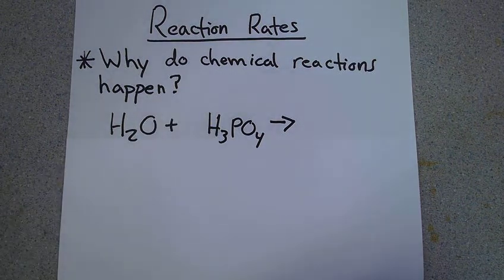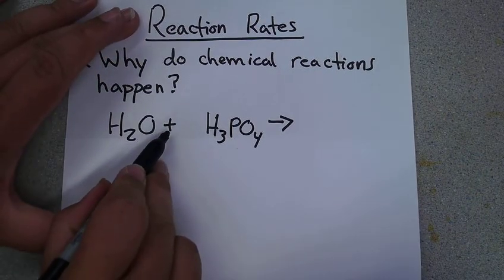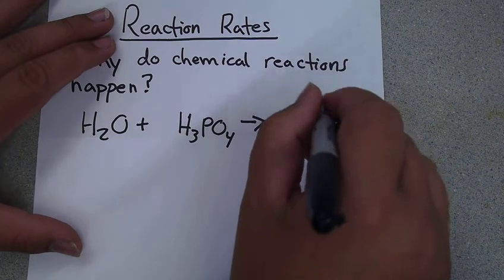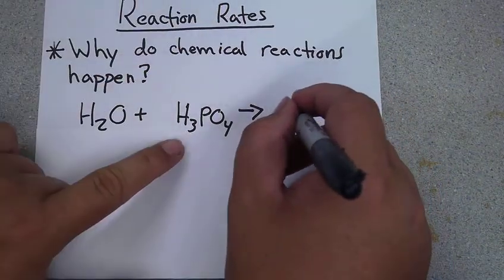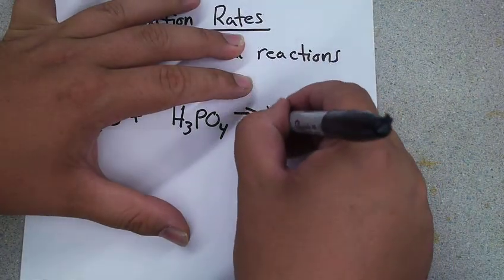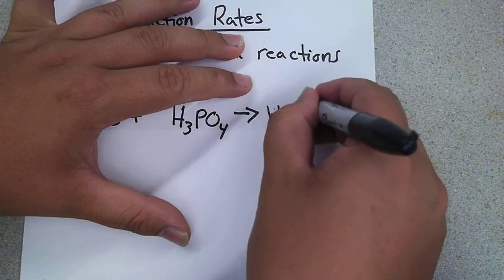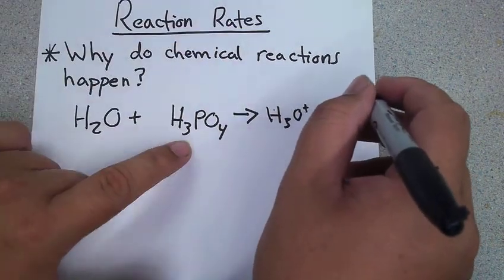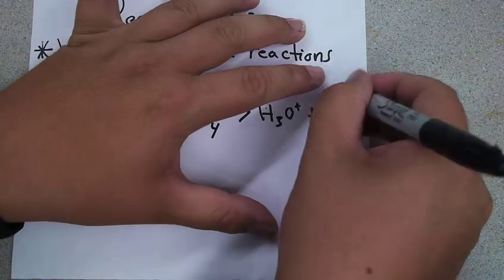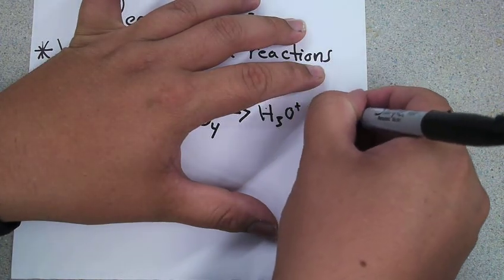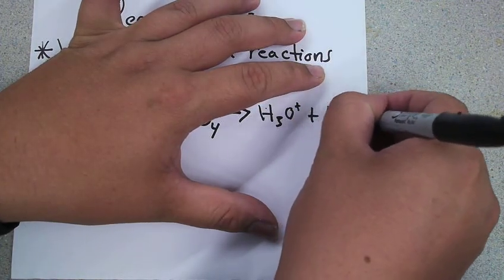I'm just going to write it as though it's going to the right only. When phosphoric acid and water combine together, so that addition symbol means that they combine together, what happens? Well, that phosphoric acid is going to lose one of its protons. It's going to lose a proton to form H3O+, and that H3PO4 is going to be turned into H2PO4-.